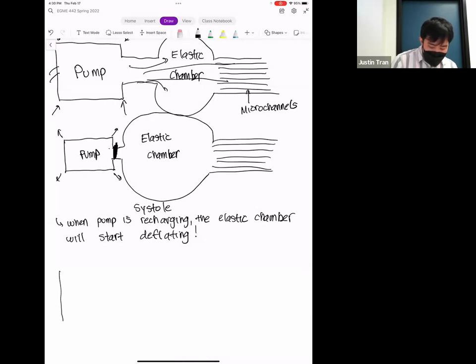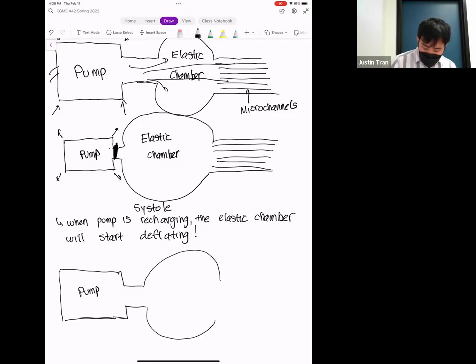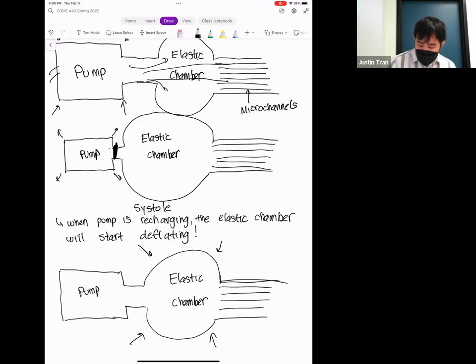Right, and so the pump is going to return to kind of its original size. The elastic chamber is going to start to return to its original size. And then as it deflates, it's going to push blood through the microchannels.